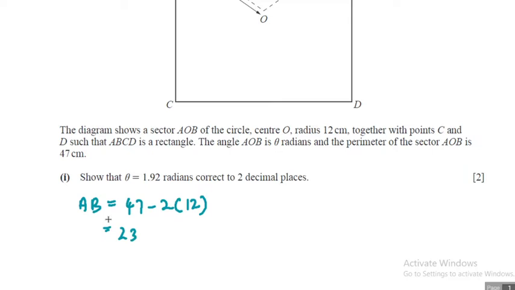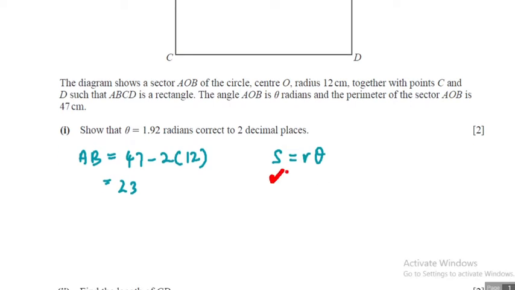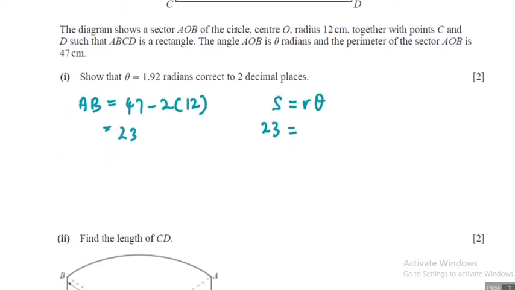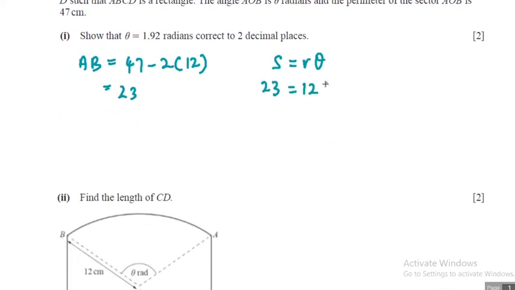Keep this first. So this is the length of arc, right? Remember just now, if we have length of arc, the formula is R theta. We know the length of arc, and we also know the radius, so we can find theta. Let's substitute. Length of arc is 23. The radius is 12 centimeters, so substitute 12 and theta.